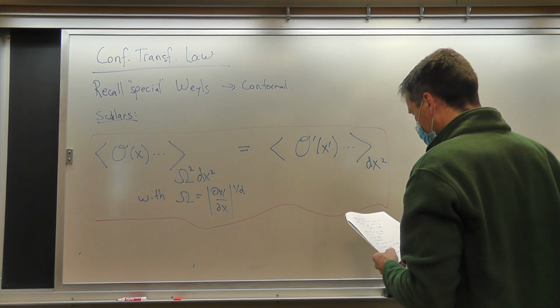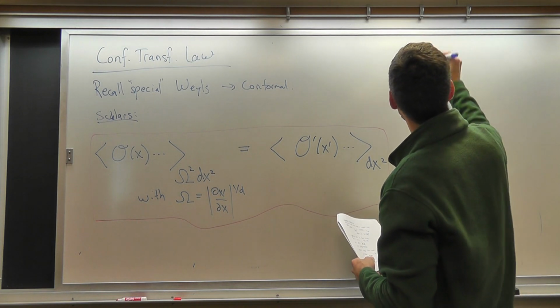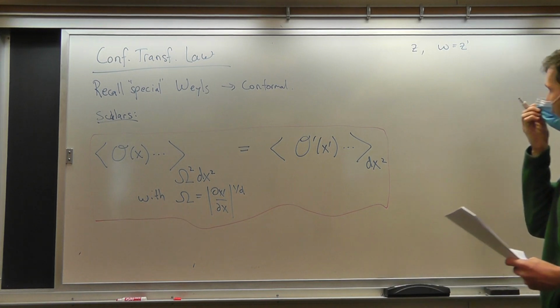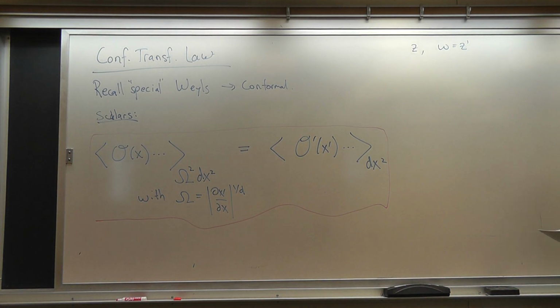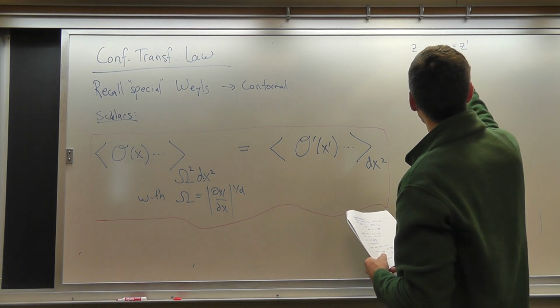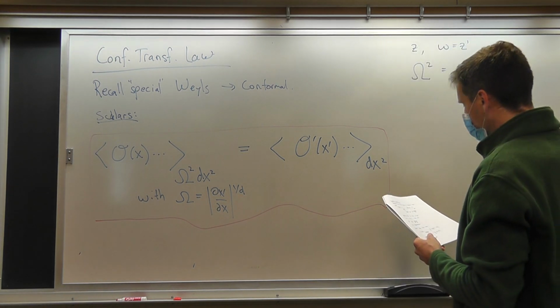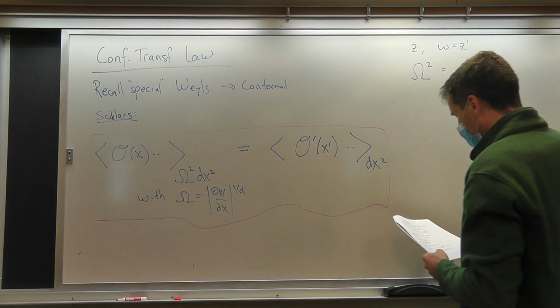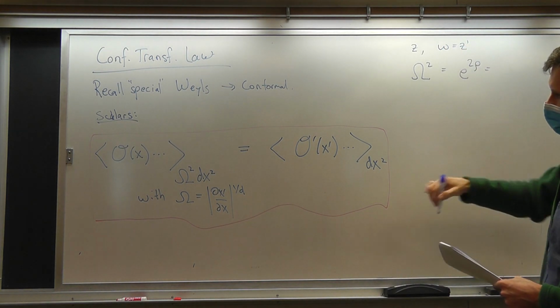So for our case, we have coordinates z and w. You should think of w as being the primed coordinate. And so omega squared is e to the 2 rho, which is dz prime dz.